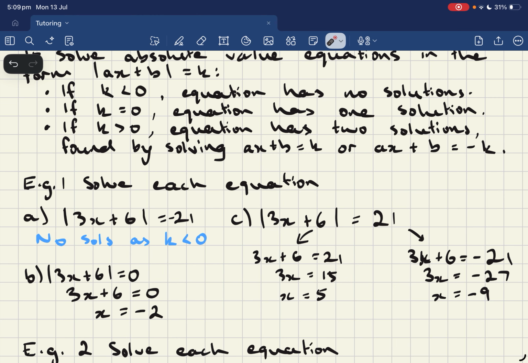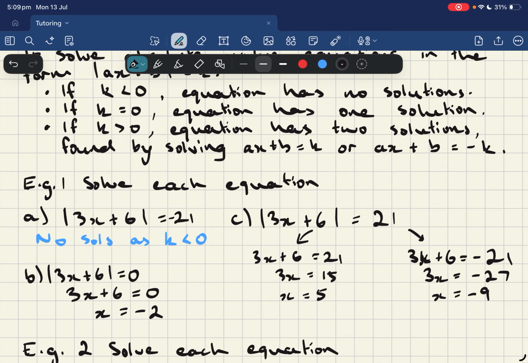Putting minus 9 in place of x, 3 times minus 9 gives us minus 27, plus 6 gives us minus 21. Remember, it's got the same magnitude. When we substitute this one in, we get the absolute value of negative 21, which when you take the absolute value of a negative number, it gives you the positive answer, 21. So these two are our two solutions for part C.